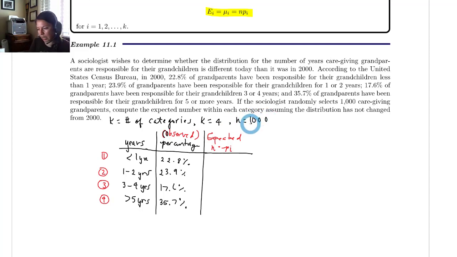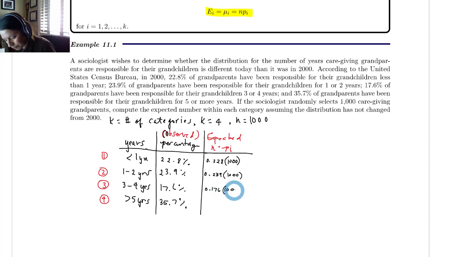So of the 1,000, how many can we expect have been caregiving for less than 1 year? Well, that would be 22.8% of 1,000, right? So 0.228 times 1,000. How about caregiving 1 to 2 years? Well, that would be 0.239 times 1,000. And 3 to 4 years would be 17.6% of the 1,000. And 35.7% would be 0.357 of the 1,000.